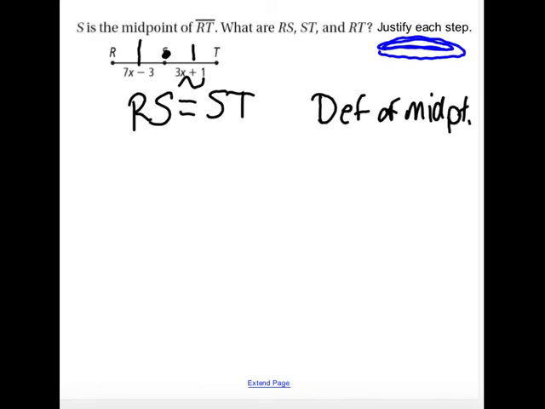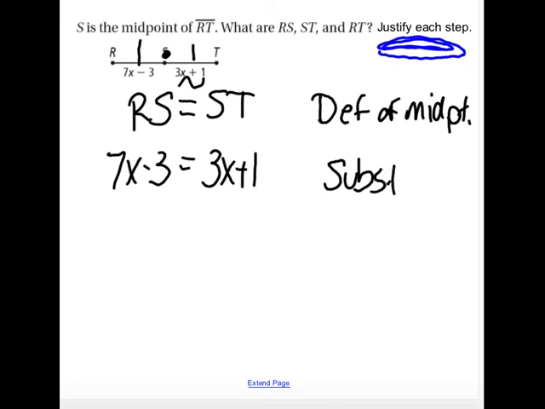So then just like last time, I'm going to plug in for RS. I know RS is 7x minus 3, and I know ST is 3x plus 1, and that is, again, substitution, and then algebra from there on out.